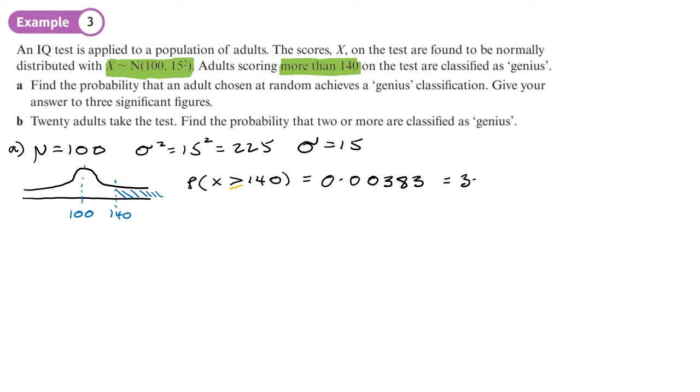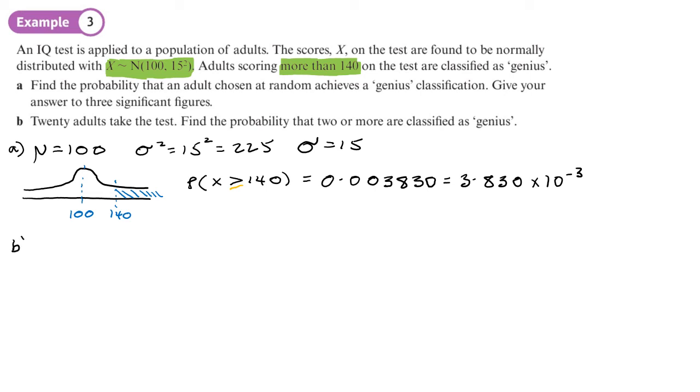So 3.830 times 10 to the minus 3. Okay, which I'm pretty sure is that 1, 2, 3. Yeah, put the 0 there. Right, so that's part A done.